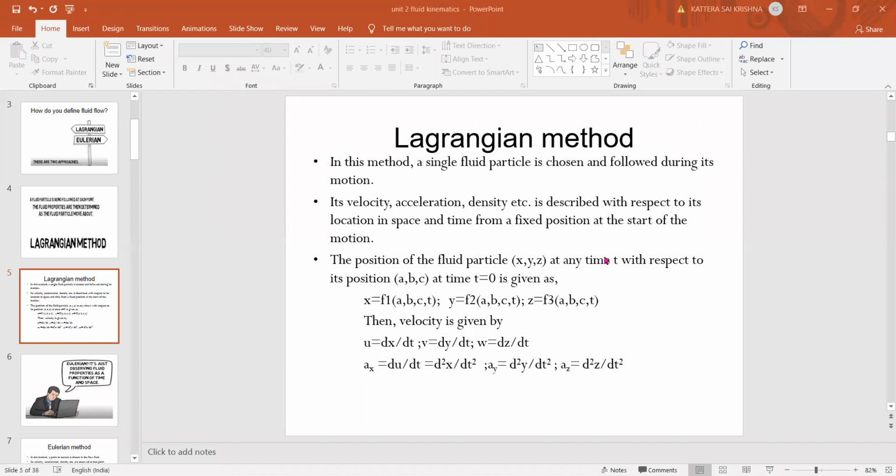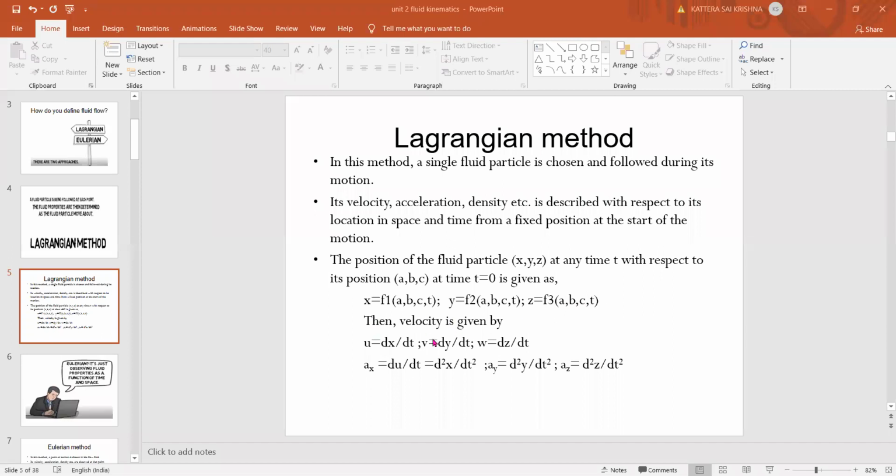In the x direction it is a function of a, b, c and time. Similarly, in the y direction it is a function of a, b, c and time. And again for the z direction, it is a, b, c, time.